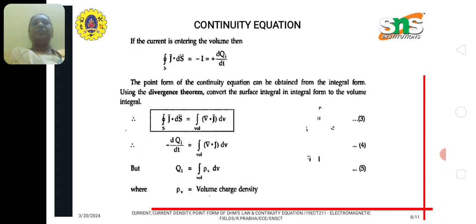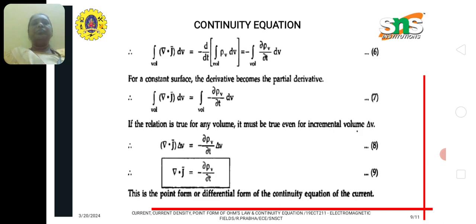And we have another important expression: the integral over the surface J dot ds can also be equated to the volume integral of del dot J dv. Here rho v is called volume charge density, and del dot J can also be equated to minus dou rho v by dou t.